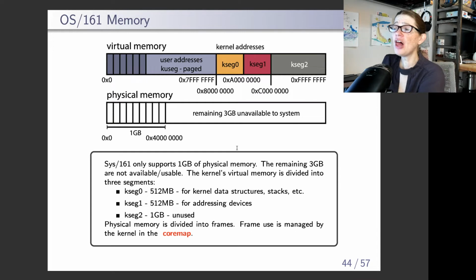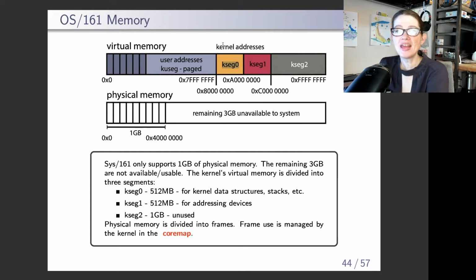And then the kernel addresses, which occupy the upper 50% of the virtual addresses, are actually further divided into 3 separate segments. So kseg0 is probably the most important segment you should know about. kseg0 is actually the kernel's memory. So that is where the kernel's heap is, that's where the kernel's code is, that's where the kernel's stacks are. All of the kernel's data structures live in kseg0 addresses.